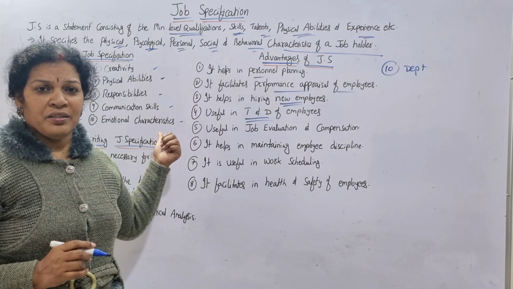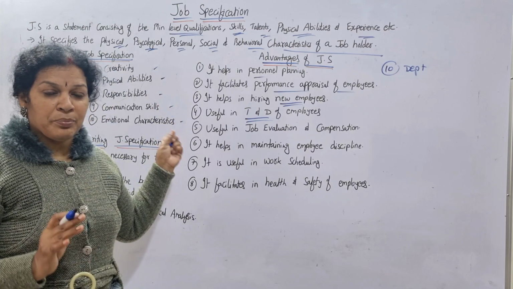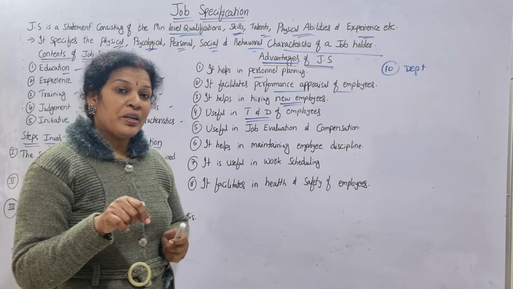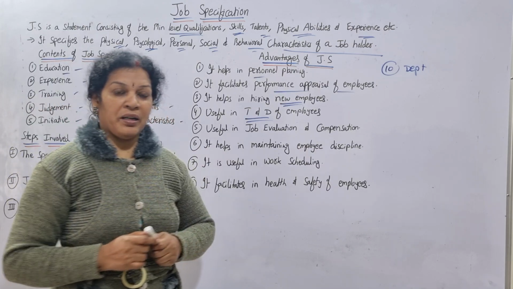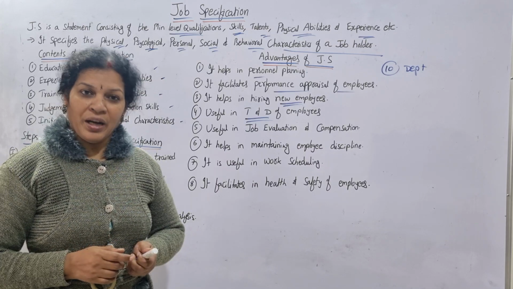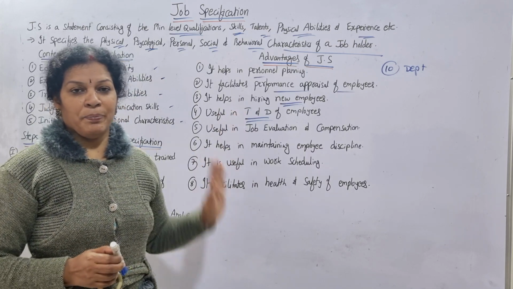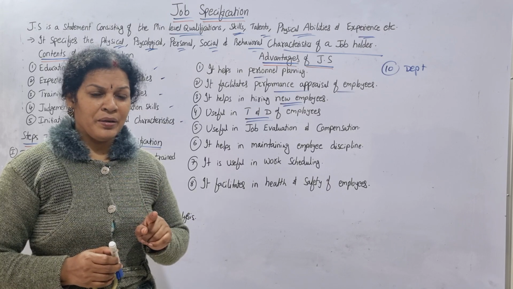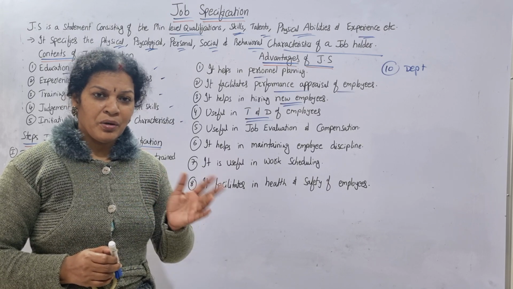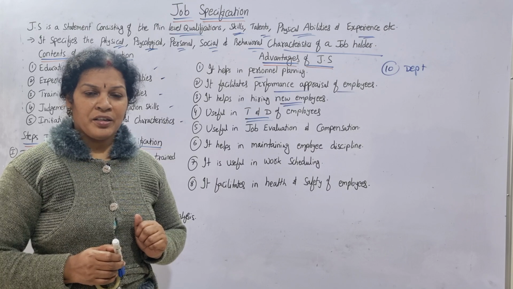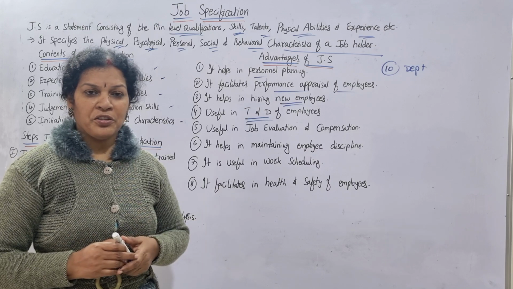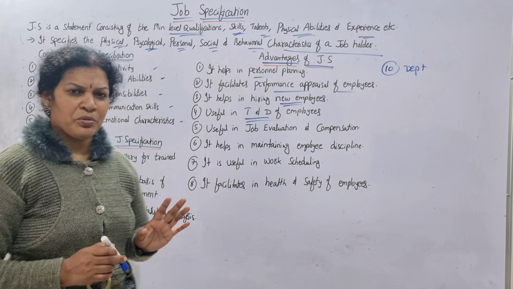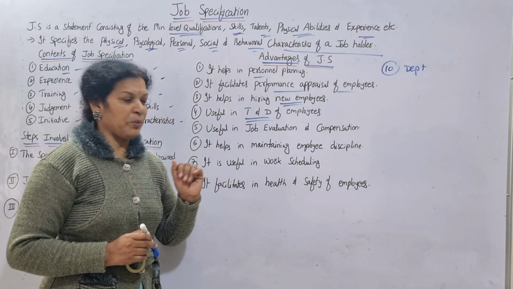If we know the qualification, experience and some parameters we kept, and the newly recruited employees are not reaching the mark, then what to do? We have to plan for training and development. How much training is required, where we can give the training, what we can spend on this training session, meaning cost, budget and everything. Then who could train them, where we can get good results. So everything comes under the training and development of employees.